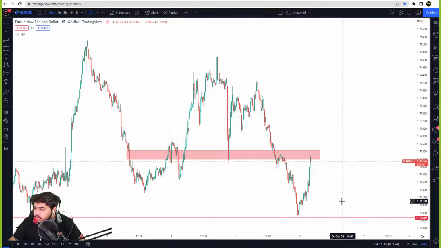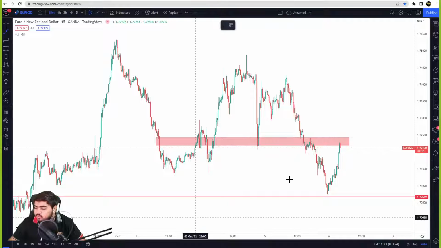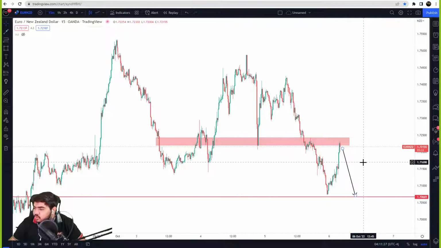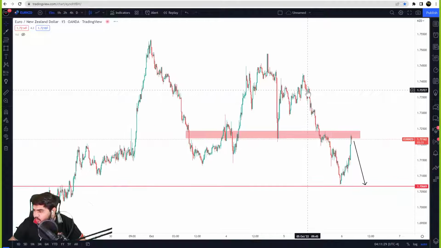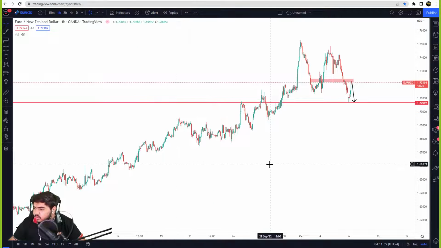That is going to be the downside target. So if this area holds itself, if we do not have a breakout above, then we should be expecting some sort of bearish continuation on the Euro NZD from this area. Exactly, exactly. Great, great. So that's what we are looking at on the Euro NZD, guys.